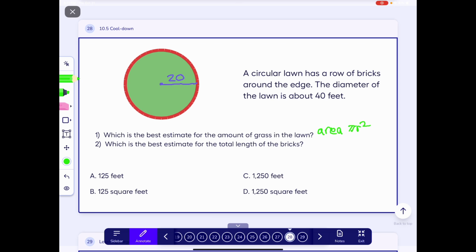So 20 squared is 400, so 400 pi. Is 400 pi closer to 125 or is it closer to 1250? It's closer to 1250. And we're in area, so that's square feet. So for number 1, closer to 1250. You don't even need to do the calculation of how much it is. There are only 2 options, 125 or 1250.